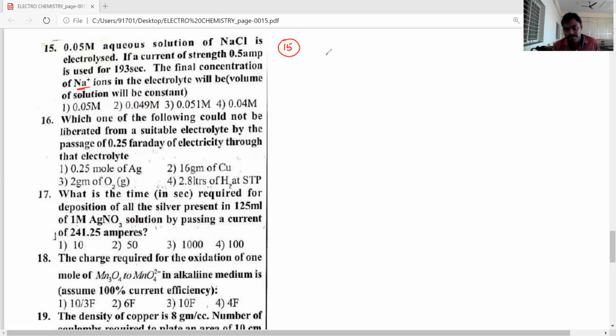Okay, while aqueous NaCl undergoes electrolysis, we are producing Na plus and Cl minus. Water is also present, which can ionize to give H plus and OH minus ions.